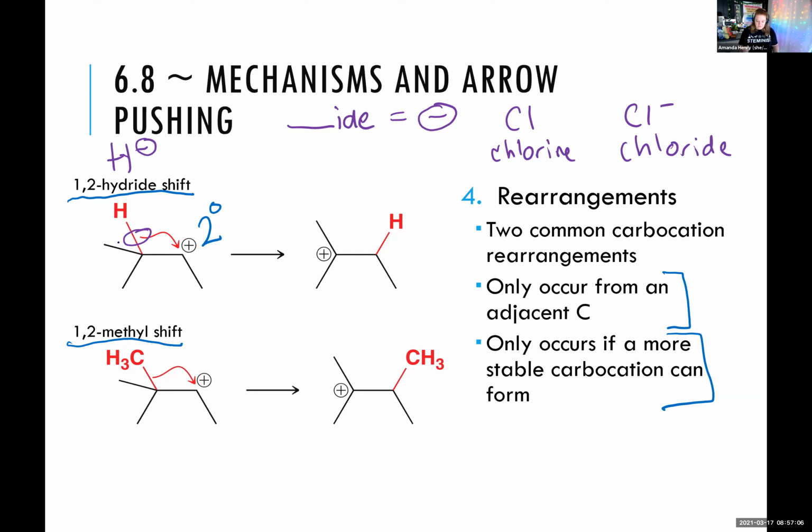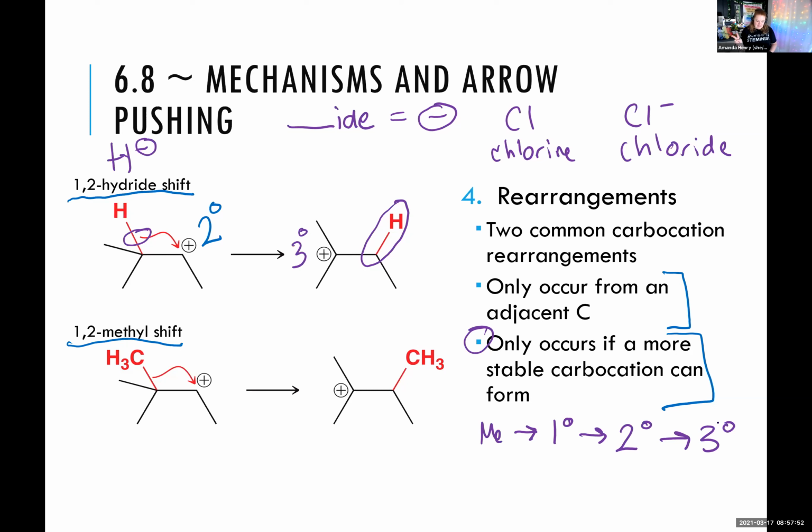So in that arrow, we're going from the bond onto that carbocation. We end up with a new bond between the carbon and the hydrogen, which means that carbon isn't positively charged anymore. The carbon where the hydrogen was is now the new carbocation, and notice that it is a tertiary carbocation. So this is fulfilling that second rule: it can only occur if it makes something more stable. A methyl could become primary, which could become secondary, which could become tertiary. So we can only move up in that chain.